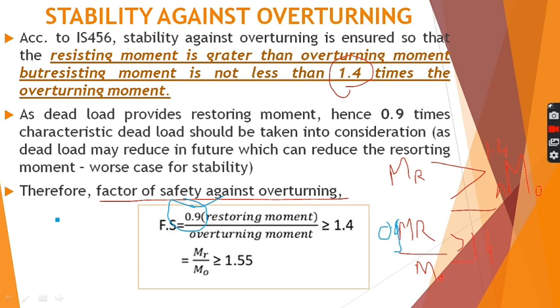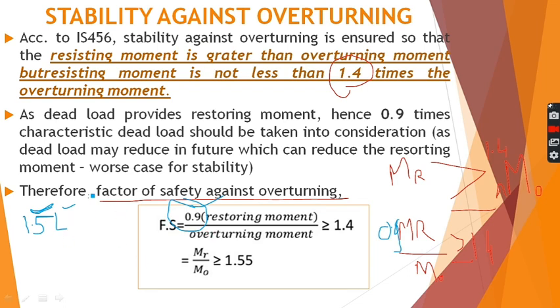For example, if you have a value of load L, then we always take it as 1.5 L. This is because in future the load may increase from the actual assumed value, so from the beginning we take it as a larger value for safety, to look at the worst case scenario. So this was the case which we used to take earlier.